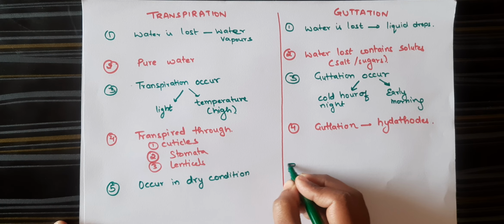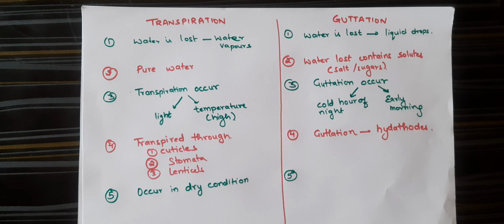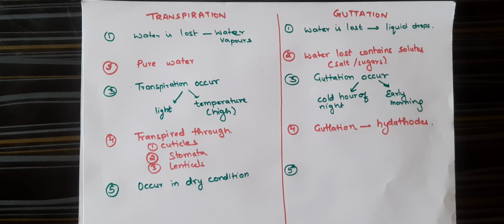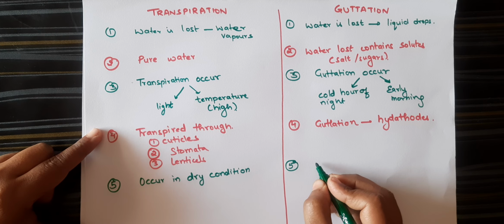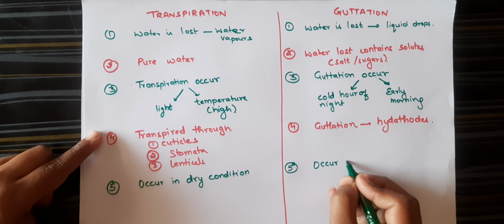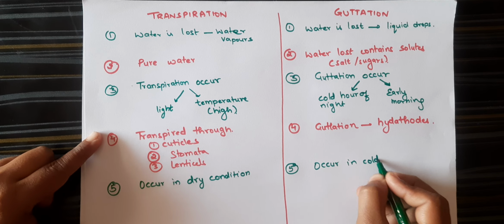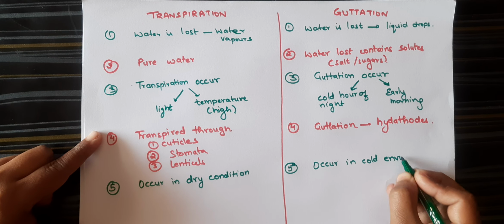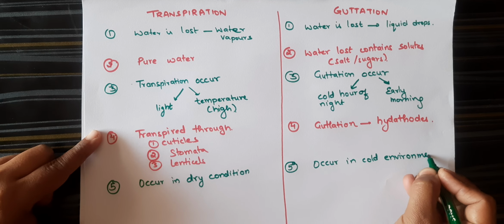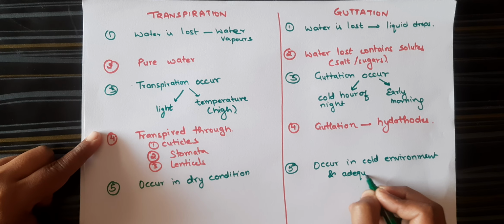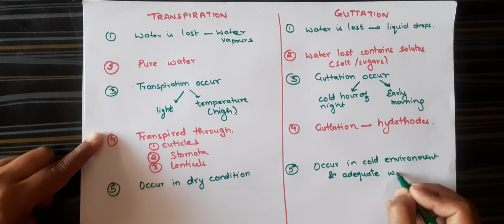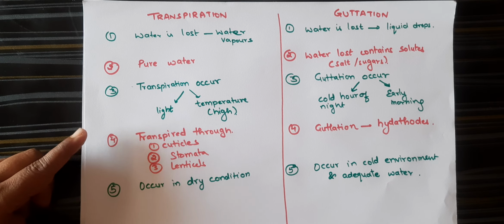And the guttation continues as long as an adequate supply of water is maintained and the environment is cold. So it will occur in a cold environment, and adequate water is required, as long as the adequate water quantity is there.